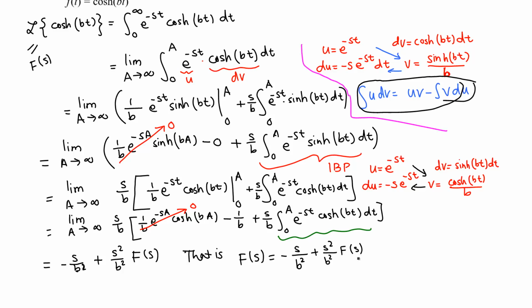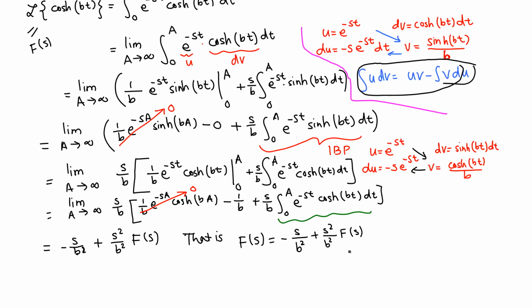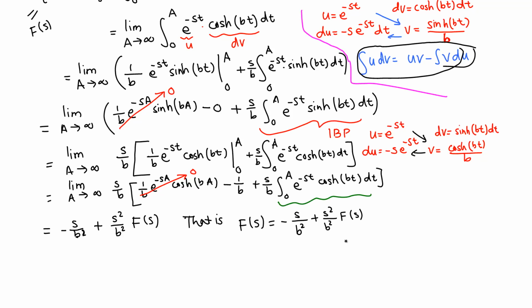Now we solve this equation for uppercase F. That is the Laplace transform of lowercase f, which happens to be cosh bt. So let's move this to the left side, meaning subtract this here, s squared over b squared F(s), and this is gone.